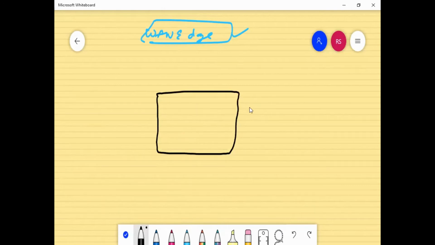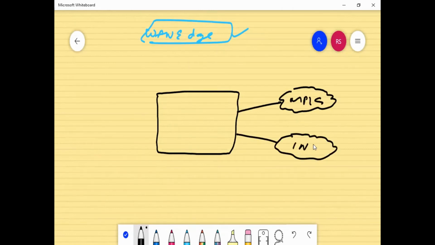They said that if it is my WAN edge device, this WAN edge device can talk with my MPLS. This WAN edge device can talk over maybe some other media like internet or something else. These ports should be of VPN 0.